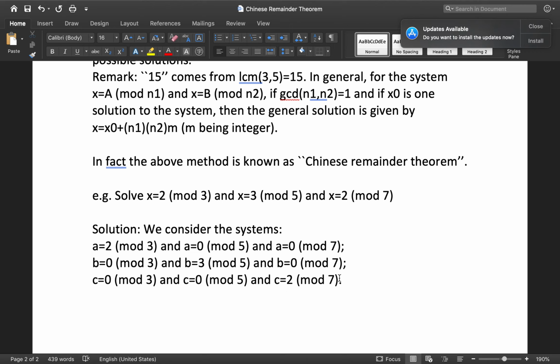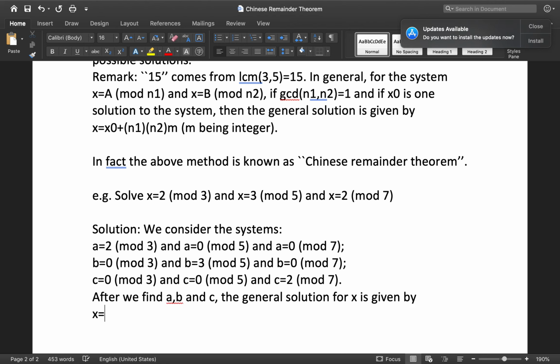Okay, so this is exactly the same method we did for the case of two equations, but now we have three, so that's why we have three variables, a, b, c. After we find a, b, and c, the general solution for x is given by this.